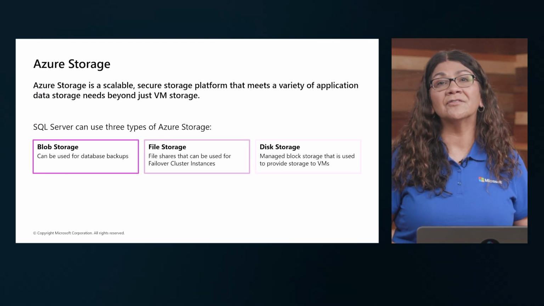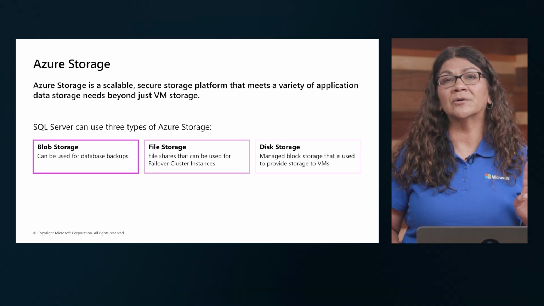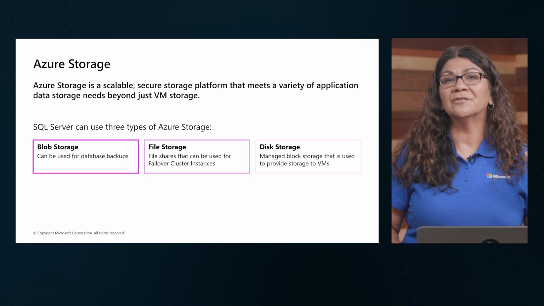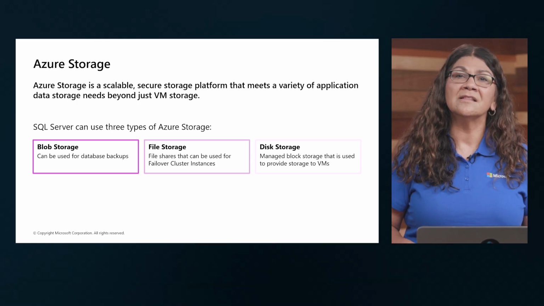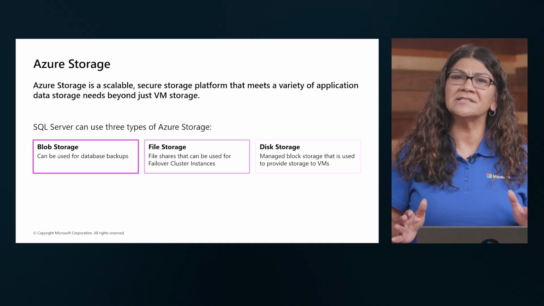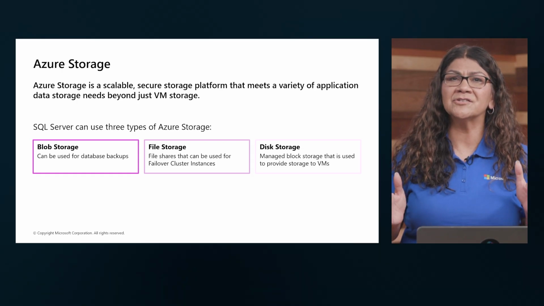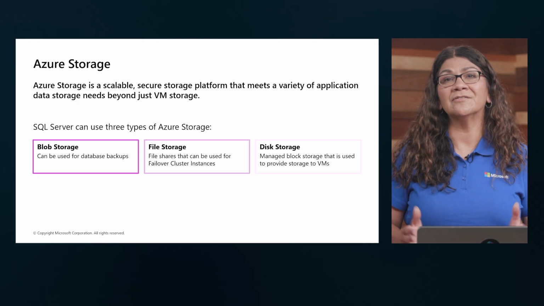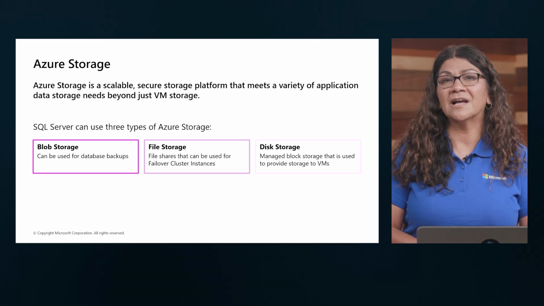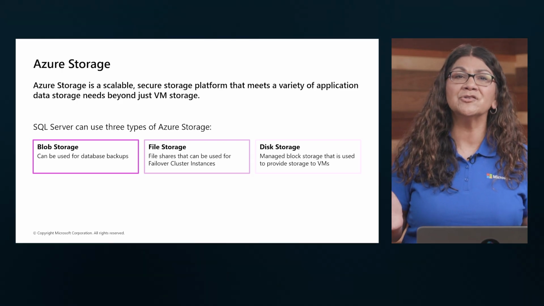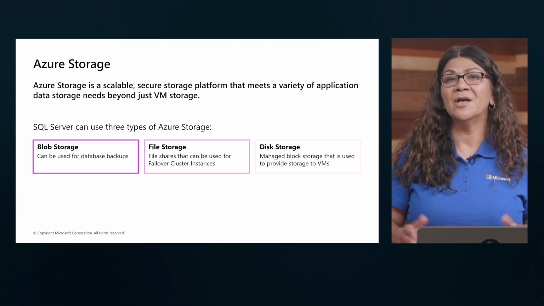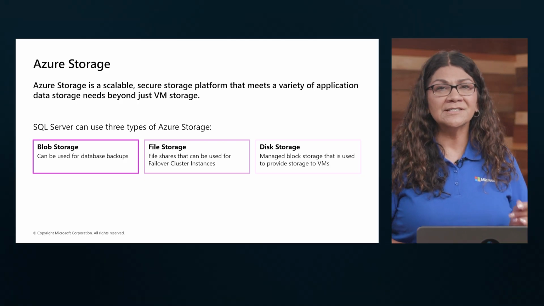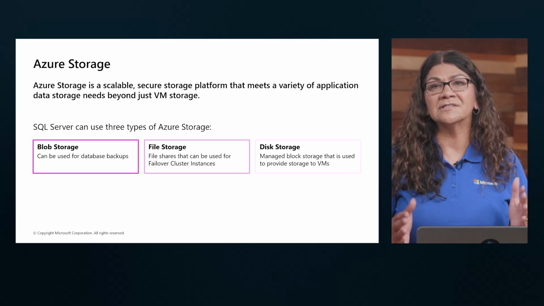Azure Storage offers 3 key storage types: blob, file, and disks. These are essential for supporting SQL Server workloads in Azure's scalable and secure environment. Blob storage is ideal for storing large amounts of unstructured data, making it perfect for database backups and archival scenarios.